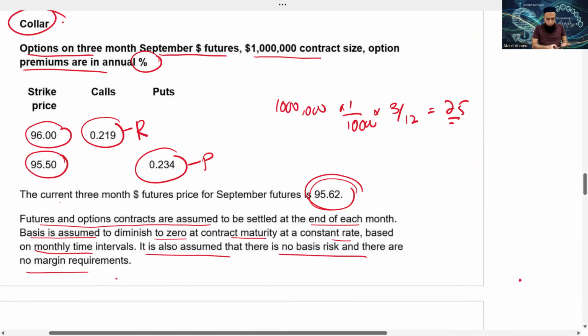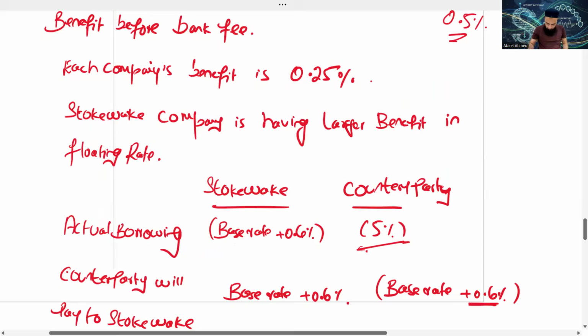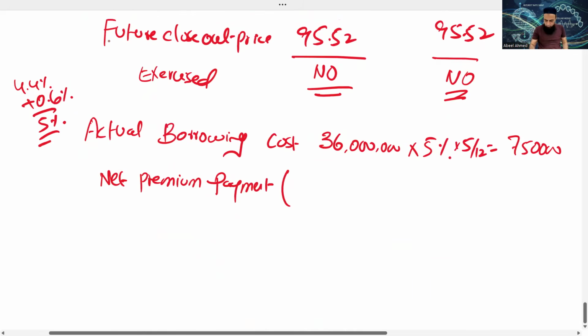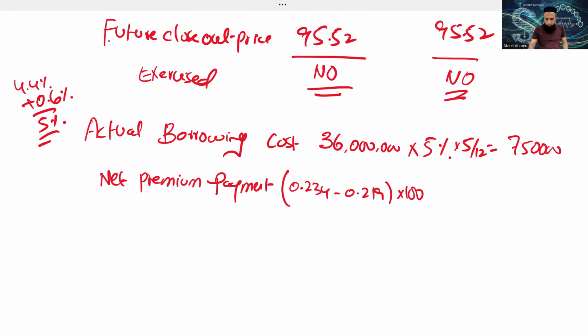We will be paying 0.234 on put option. We'll be receiving 0.219 on call option. So the difference we have to pay. Multiply by 100 so that we can calculate number of ticks.